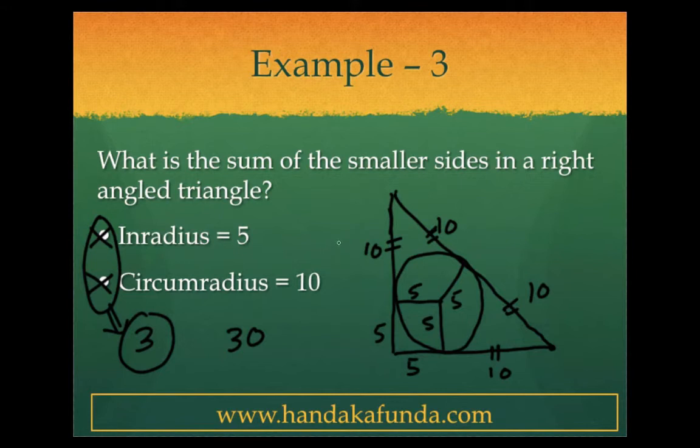The idea that you should understand is that in data sufficiency, it is not necessarily that you will get a word problem or something like that. This is more of a quantitative aptitude question rather than a data sufficiency question, because you need to know what inradius is, what circumradius is. Not only that, you need to know that the tangents from an external point are equal in length, and that circumradius is half of the hypotenuse.